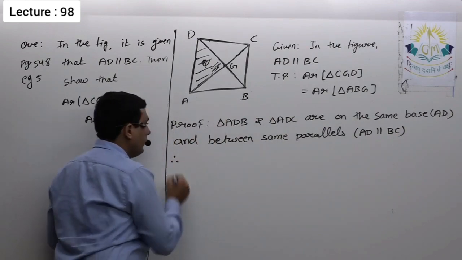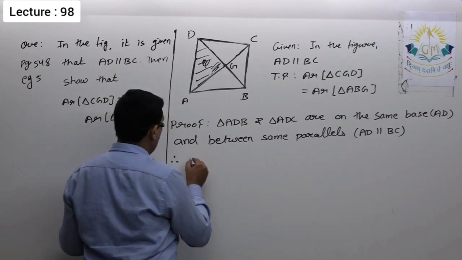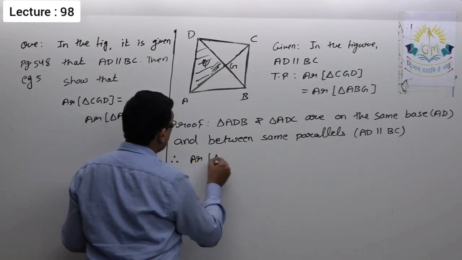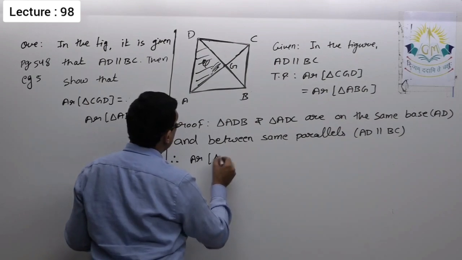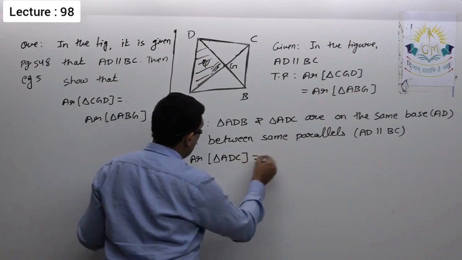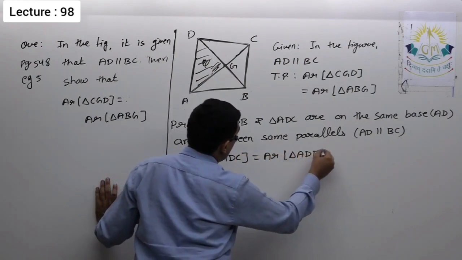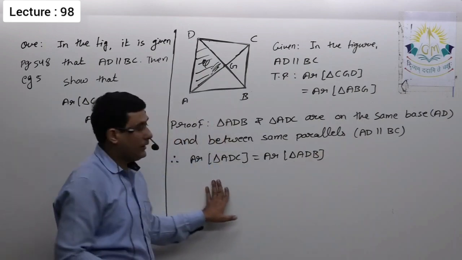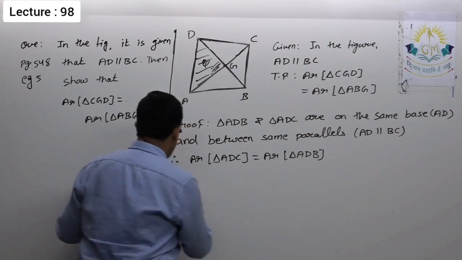Therefore they must be equal in area. Therefore area triangle ADC is equal to area triangle ADB. Okay, these two triangles are on the same base and between same parallels, so they must be equal in area.